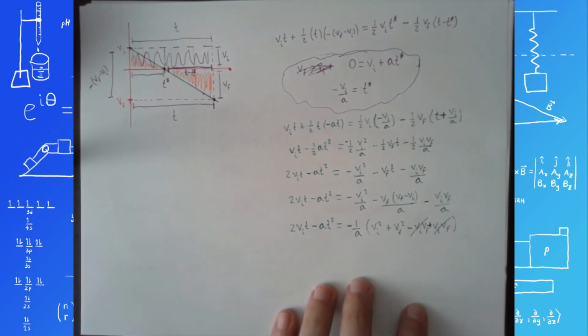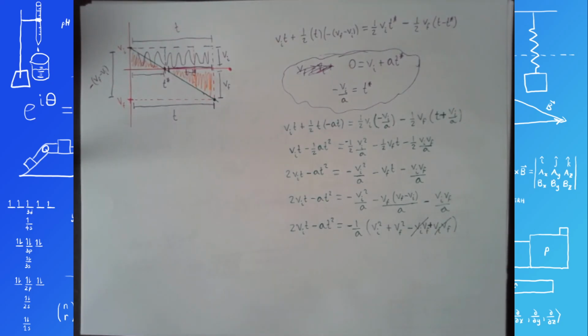These cancel out. So now I've got v initial squared plus v final squared times negative 1 over a on the right-hand side. And I'm somehow supposed to prove that this is equivalent to this.